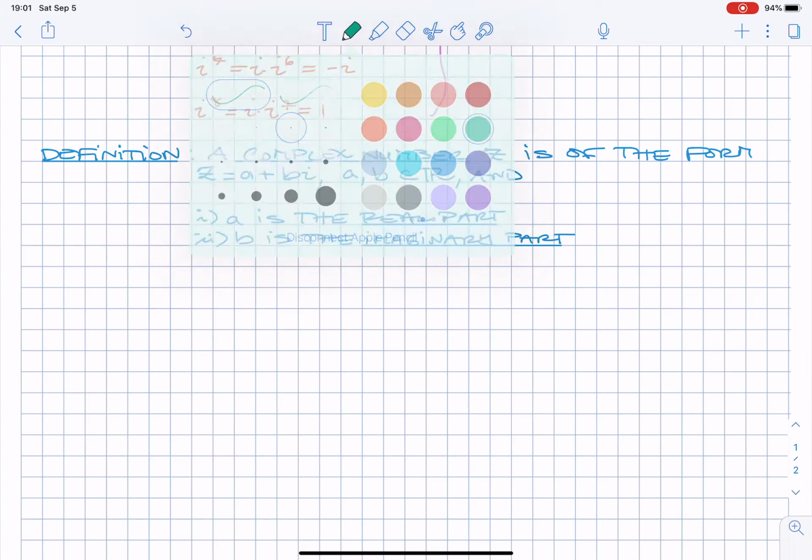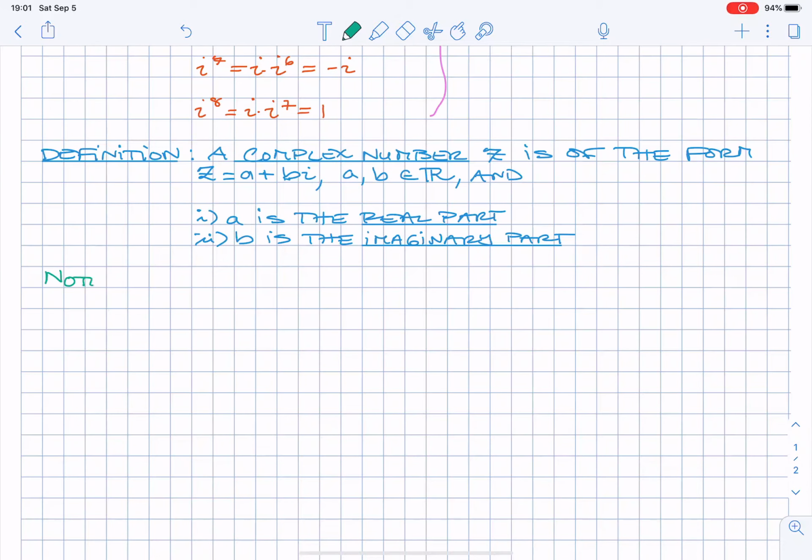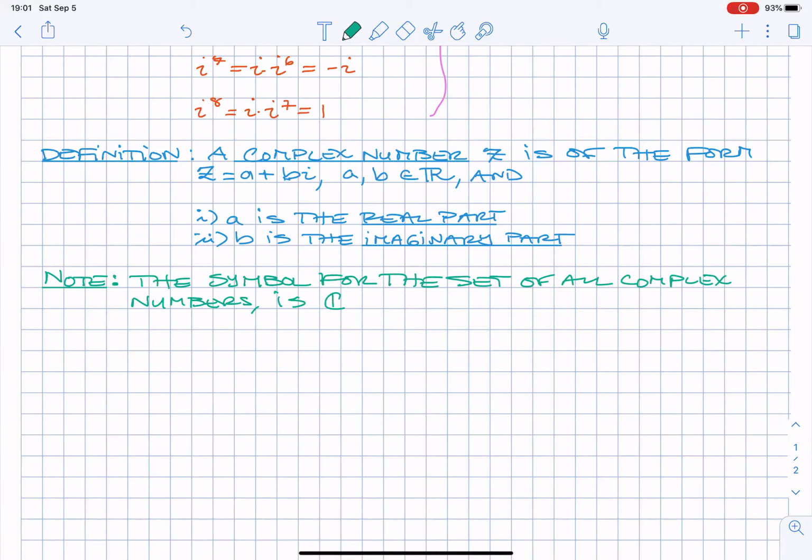So let's note something about the complex numbers: the symbol for the set of all complex numbers, analogous to that of all real numbers, is what we call blackboard bold C. So much like R has a line through it, we have C with a line through it.